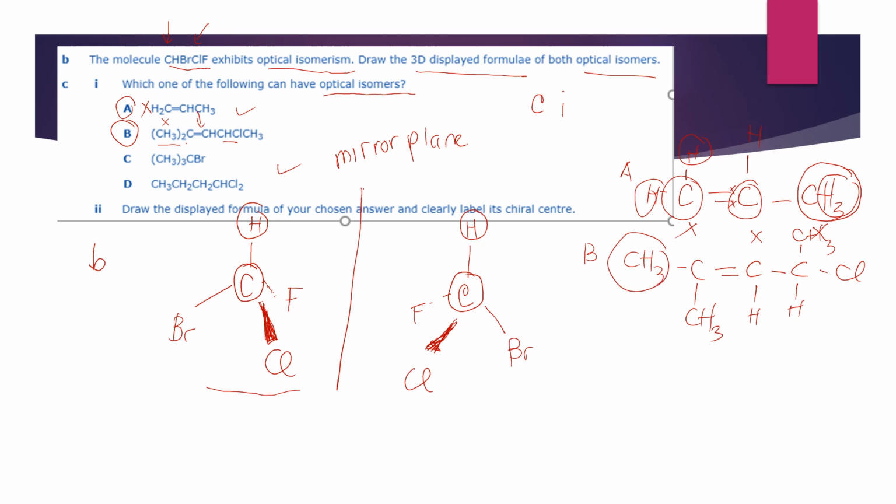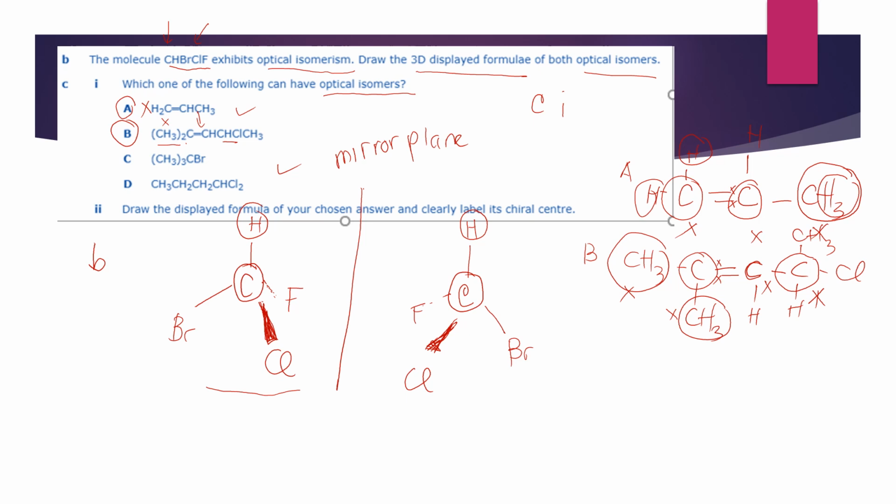This is not a chiral center because the same hydrogen. Not a chiral center because two valence electrons attached to carbon, so the same. This one is a chiral center. Why?